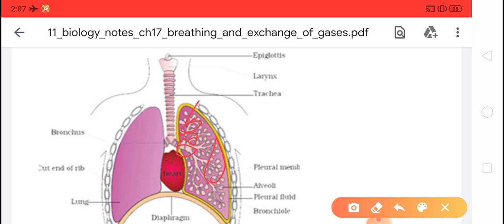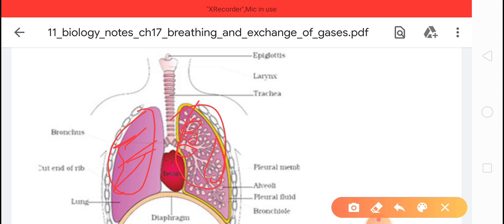The two lungs, one and two, are the respiratory organ of the human.